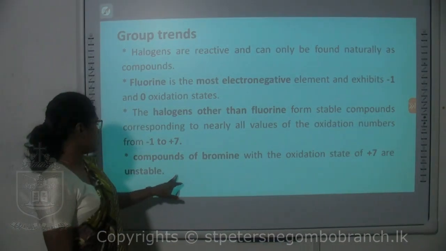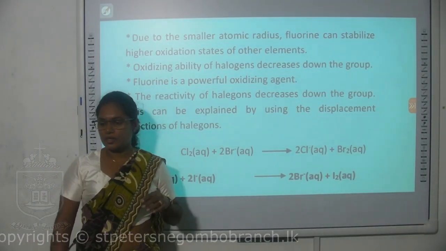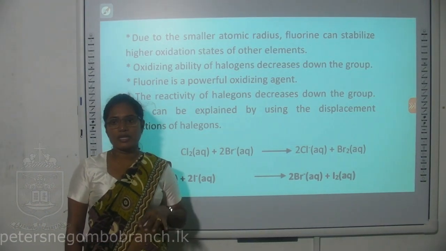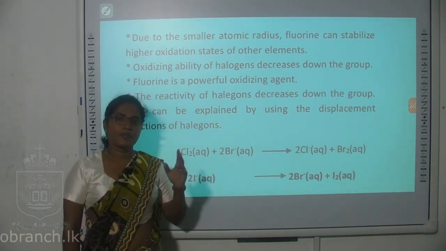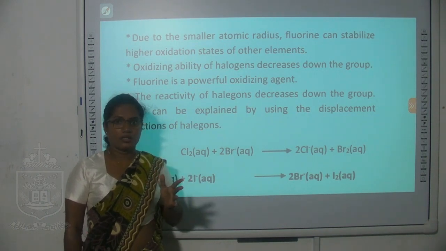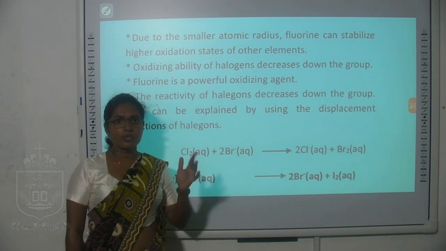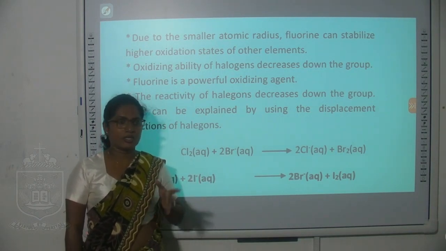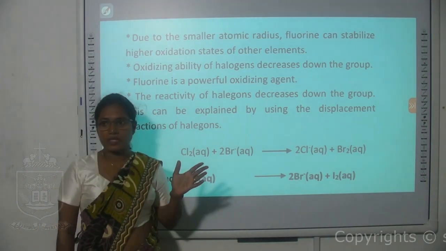And there are some group trends. Due to the smaller atomic radius of fluorine, it shows different characteristics than the other elements. You know, as usual, the first element of every group shows different characters than the other elements. So the same thing is happening here for group 17.